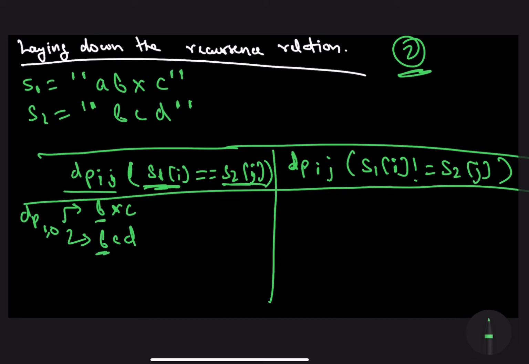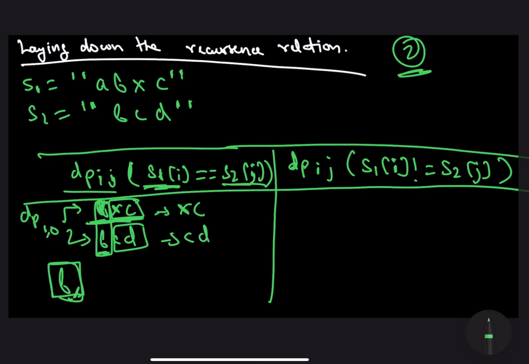In this case, since the first characters of these substrings are matching, it's optimal to actually include this b in the longest common subsequence. So this b must be included in the longest common subsequence, and further we should find the longest common subsequence of these two substrings, that is xc and cd, after including b.